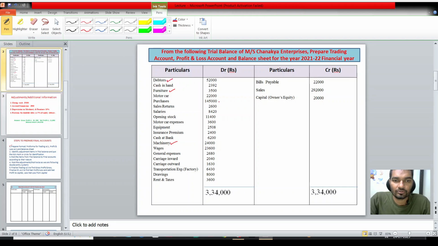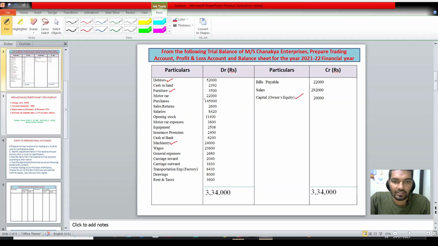So in addition to that, we always post capital in the inner column. That is also we need to highlight, and we have to check clearly if any returns are there. Purchases are available, purchase returns are not available on the credit side, so no need to tick the purchases.